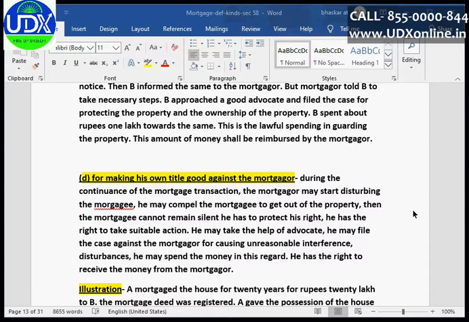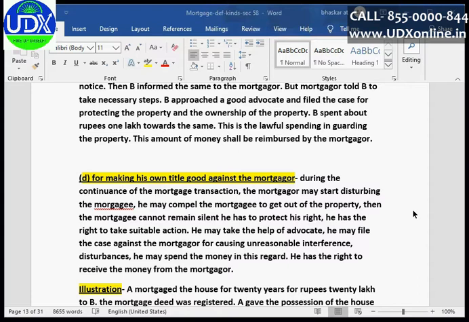So this engineering student, who is from a different religion, different language, different caste, different community, wants to concentrate on his study, but now there is a disturbance. And the owner, the mortgager, has told him, you please get out of my property.